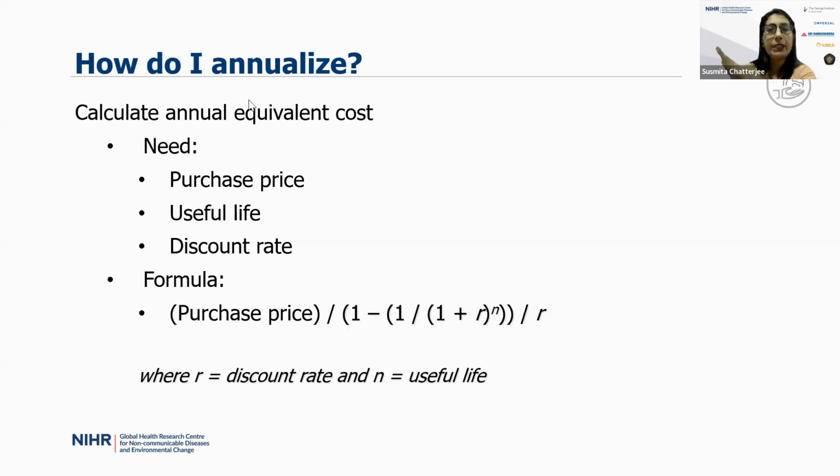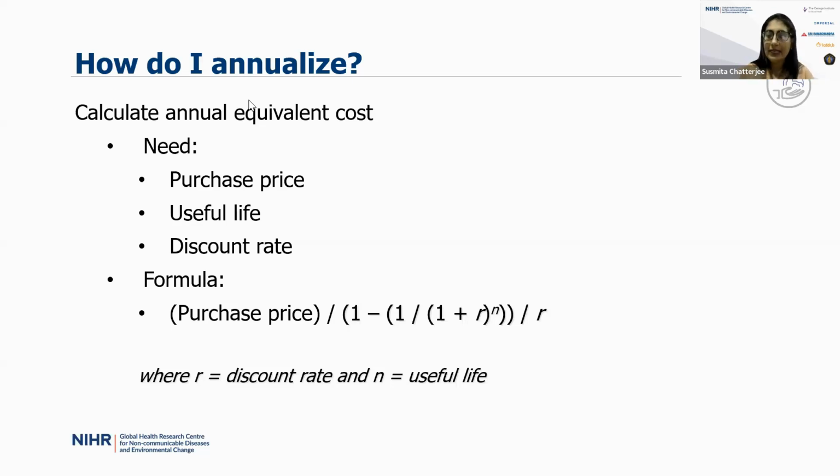Otherwise, I could have put it in the bank and got a benefit, right? So there will be a benefit in terms of the bank, and in terms of your capital item there will be a benefit. But the benefit was supposed to be for 10 years, and for my calculation, I need to bring it back to this year when I'm doing the calculation. And that's the discount rate.